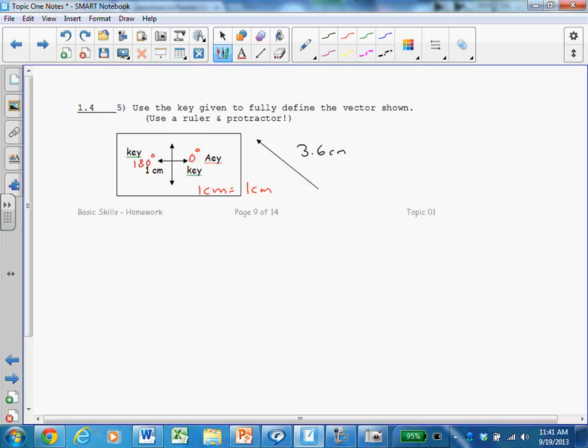Okay? Now, how about the angle? Marissa, you told me that. What was it? Well, no, it's not 40. Remember? Look at the key. 0, 180. So it's this angle right here. Well, you measure it and you tell me.